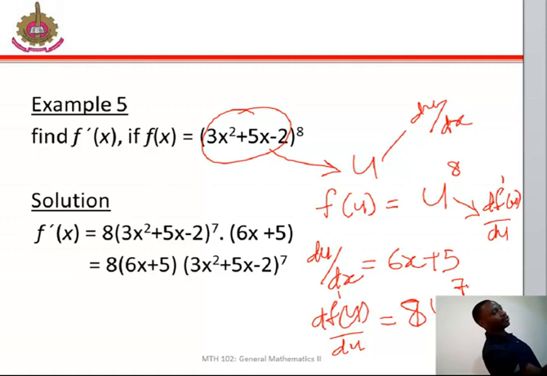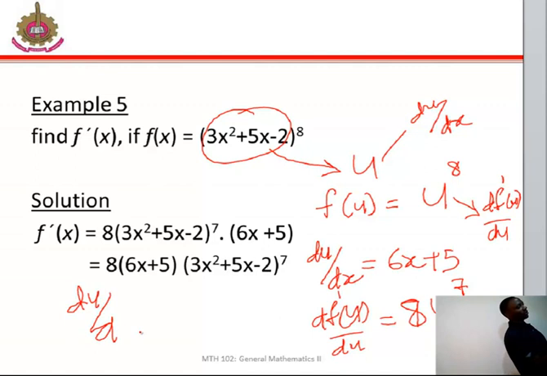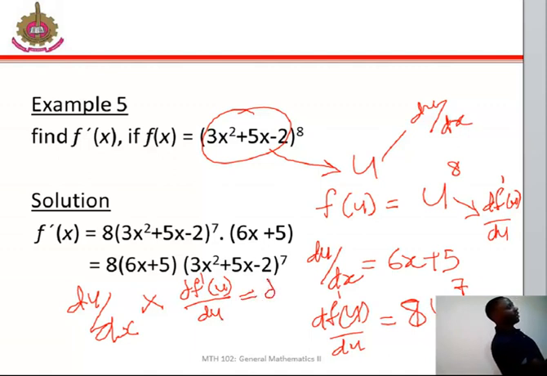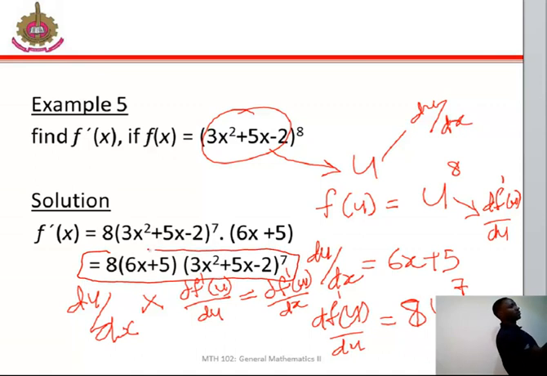Then if we multiply these together, that is du/dx multiplied by f prime u, we are going to find our answer, which is f prime of x, which you can see on your screen like this. You can solve this on your own so that you see that what is on your screen is the correct answer. You can use it as a form of exercise.